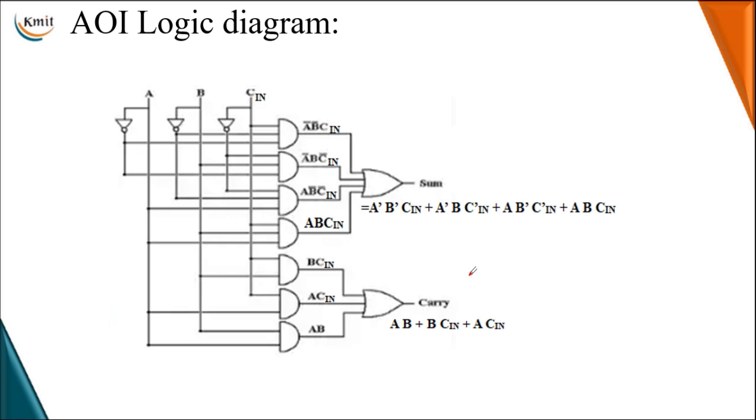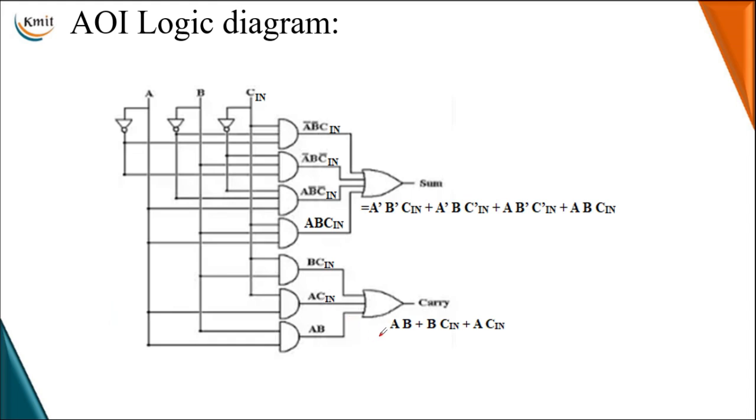Now let me draw the logic diagram, the AND-OR-INVERT logic diagram. For the summation, because all are product terms, A bar B bar Cin, A bar B Cin bar, A B bar Cin bar, A B Cin, we use four AND gates with one OR gate to implement the summation function.